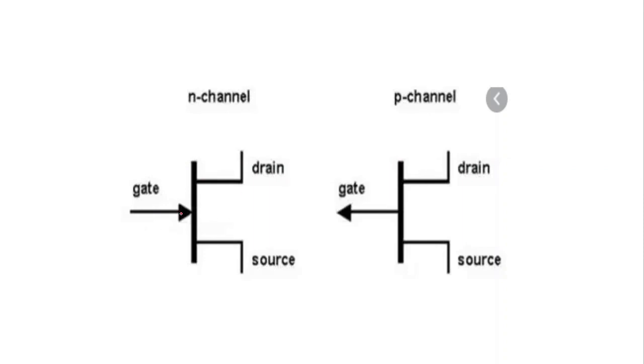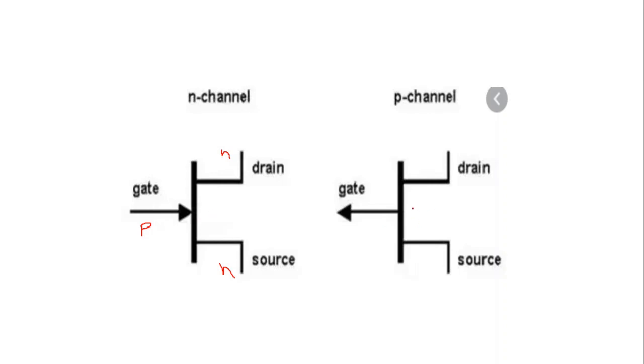It means that the gate is P, and then we have the N channel here, because the drain and source are connected to the major part of the structure, which is the channel.